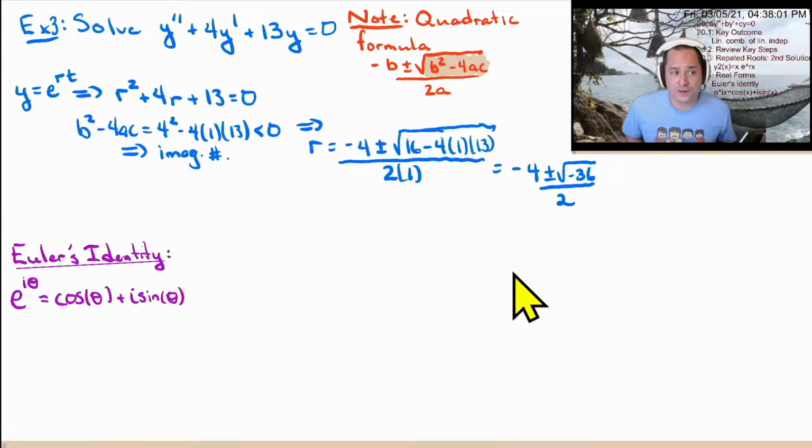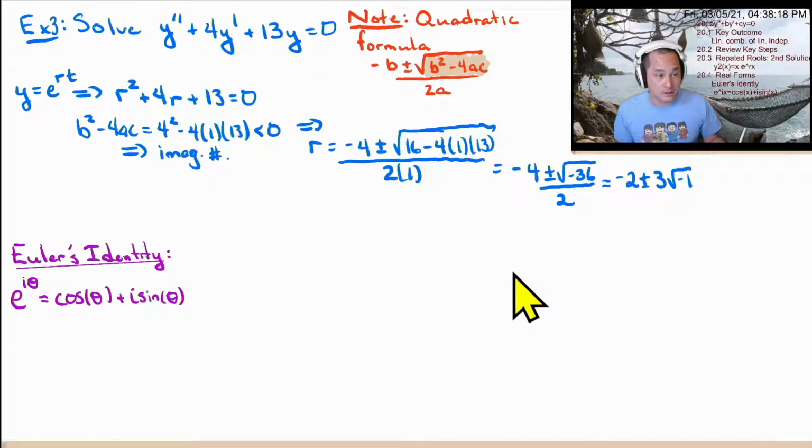But the square root of negative 36 is the square root of 36 times the square root of negative 1. And the square root of 36 is 6. So if I divide everything by 2, I get negative 2 plus or minus 3 times the square root of negative 1, or negative 2 plus or minus 3i, where i is the square root of negative 1.